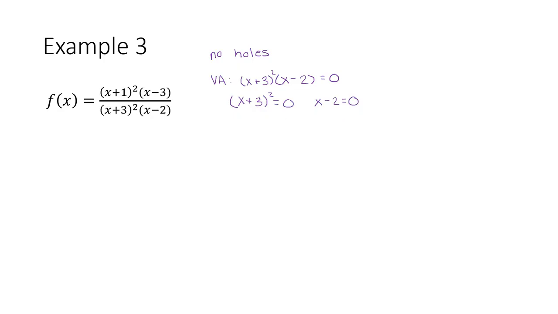If we take the square root, we can just cancel the square, since the square root of 0 is still just 0, and then subtract over the 3. So I have two vertical asymptotes this time, one at x equals -3, and one at x equals 2.